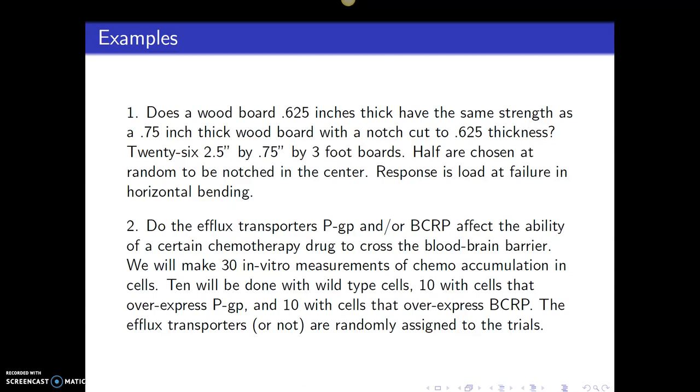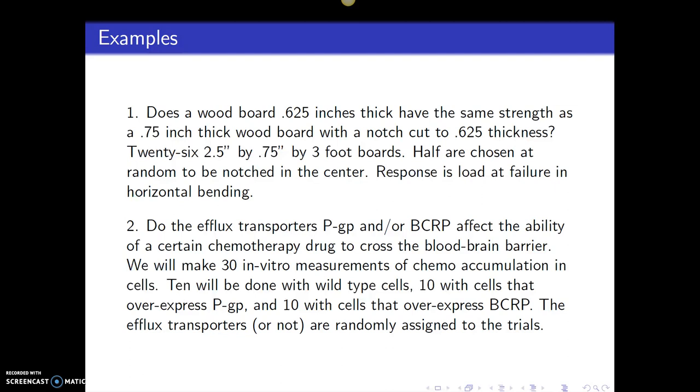Does a wood board 0.625 inches thick have the same strength as a 0.75 inch thick board with a notch cut to 0.625 thickness? So they took 26 boards, 2.5 inches by 3 foot boards.